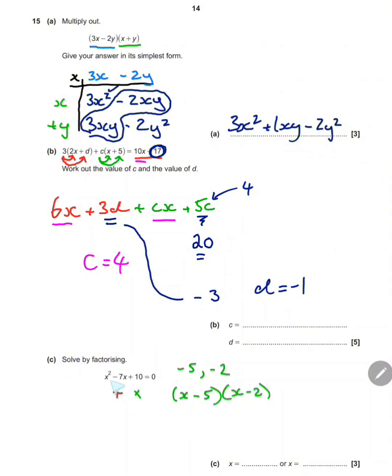Factorising an expression like this, where you've got squared terms, x terms, and numbers, will always go into double brackets. Still equals 0. And then when you've managed to factorise the quadratic, we can solve it. Well, if you've got x minus 5 in one bracket, then your x is positive 5. And if you've got x minus 2 in another bracket, then x is positive 2.